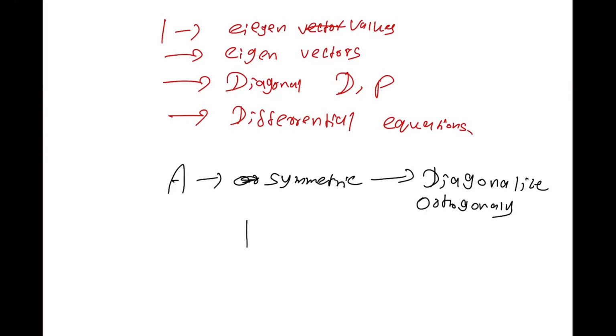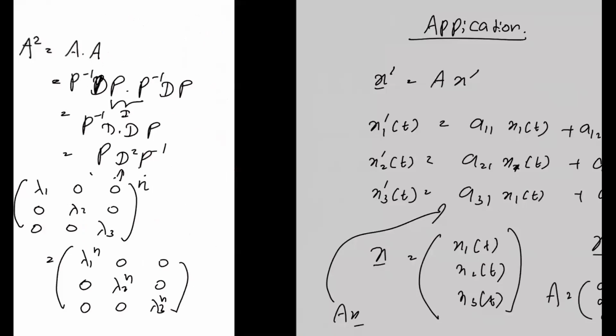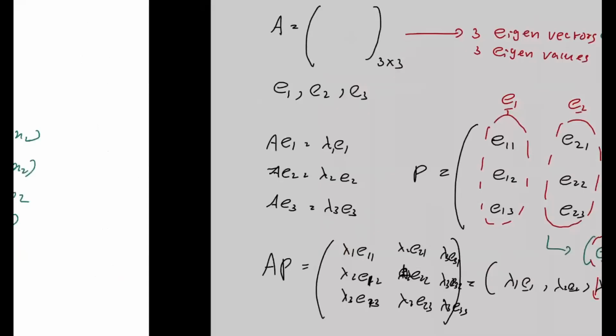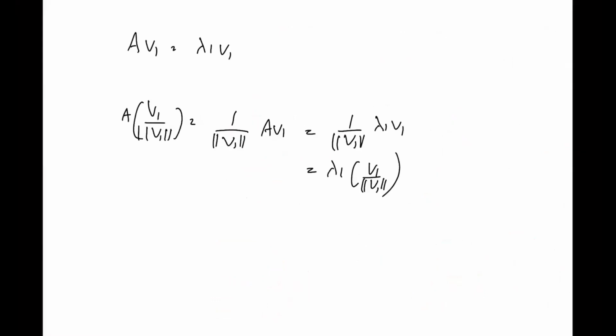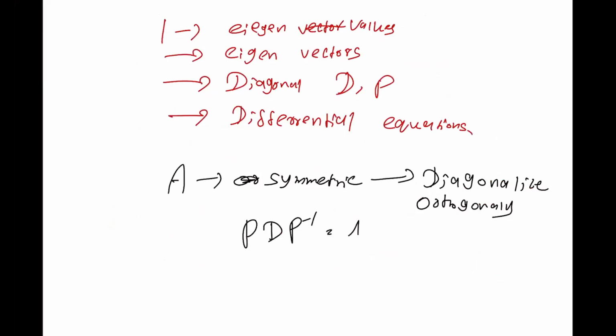I think it is P inverse AP equals D, which means A is PDP inverse. I can write this as PDP transpose equals A, because if your matrix is symmetric, the column vectors become orthogonal and orthonormal at the same time. You can normalize the vectors by their norm at any time, you just divide by the norm, but to get the orthogonality, your matrix should be symmetric.